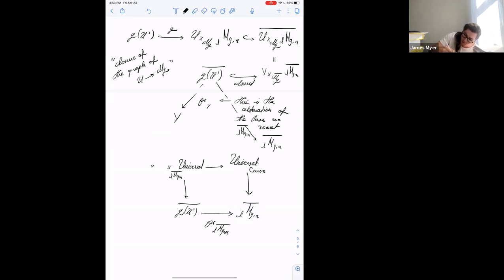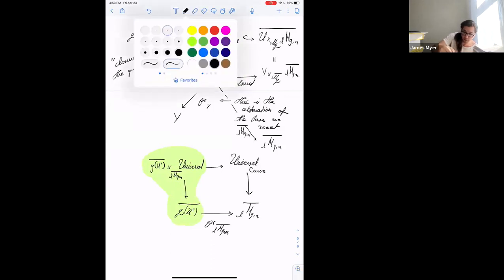Then you get a new family of curves, and in particular, this new family is improved. This is the whole point, because the geometry of the moduli stack of curves has the property that when you take the closure, you incur only nodal singularities in the fibers at worst.